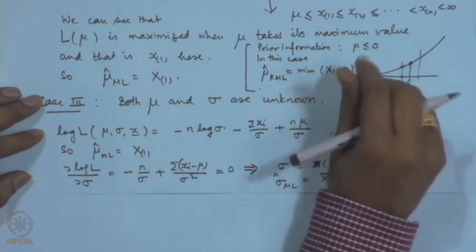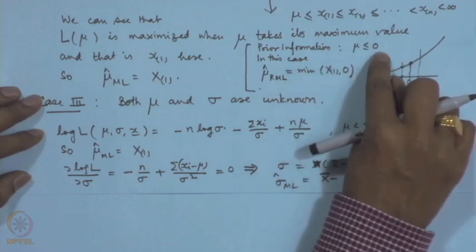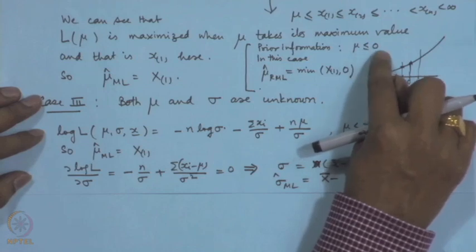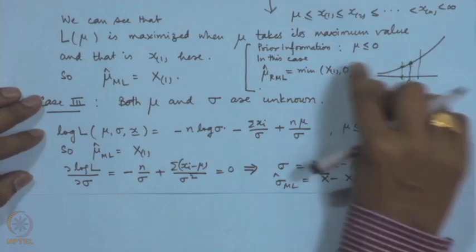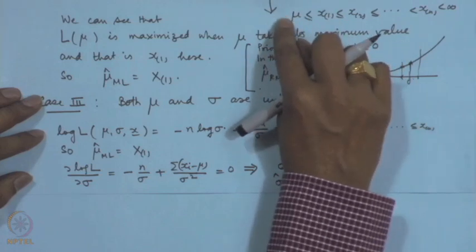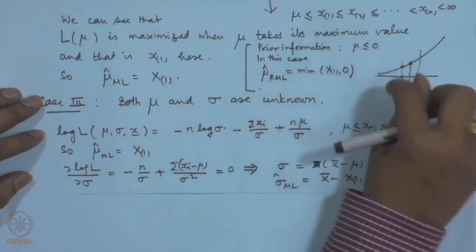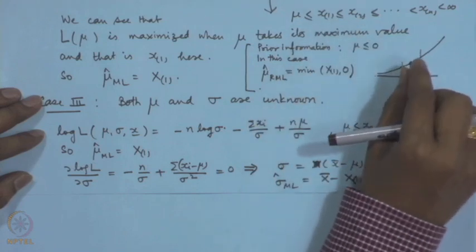You consider the second situation. Suppose in place of mu less than or equal to 0, we had mu greater than or equal to 0. In that case, there will be no change, because x_1 is greater than or equal to mu, it will remain greater than 0. So, the maximum occurrence is at x_1, which is within the zone. So, there will not be any change in the maximum likelihood estimator when I am considering the prior information mu greater than or equal to 0.